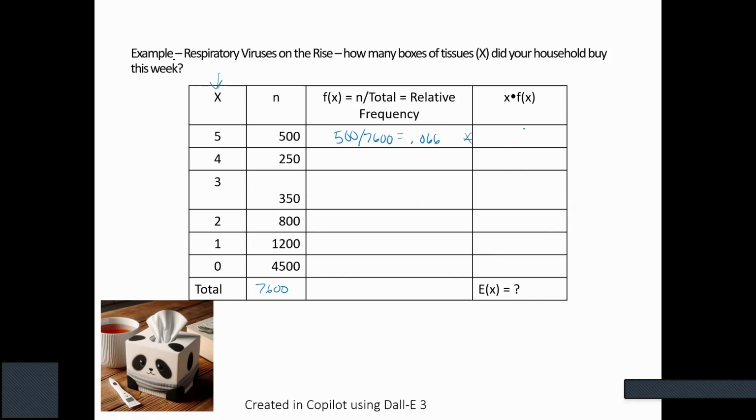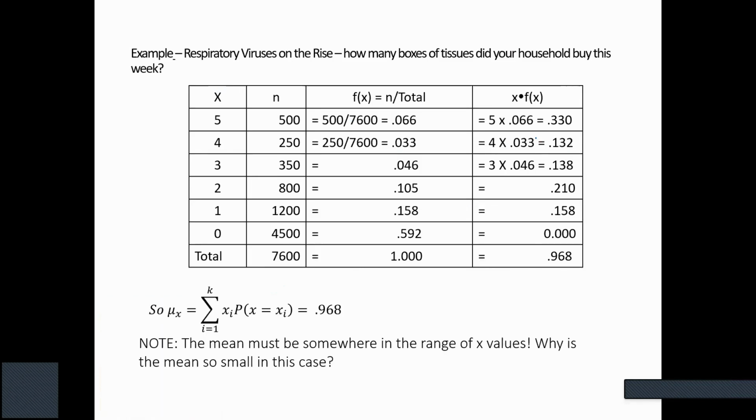So we're going to multiply that by 5. And so that equals 0.066 times 5, 0.33. Now, if you want, you can pause this and work out the rest of it. But let's go ahead and look at it on the next slide.